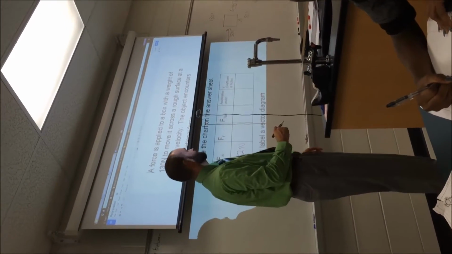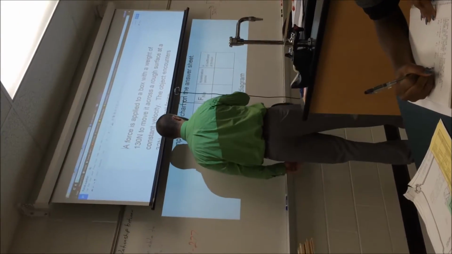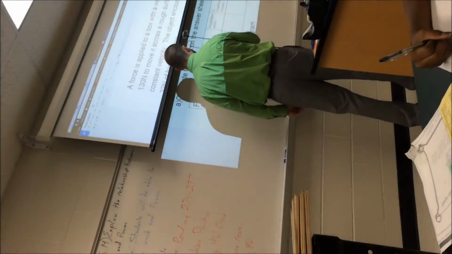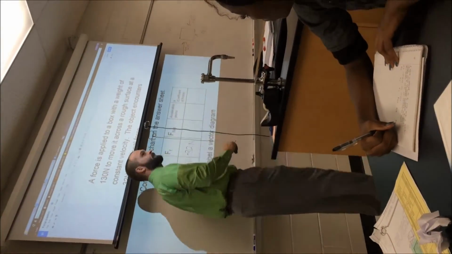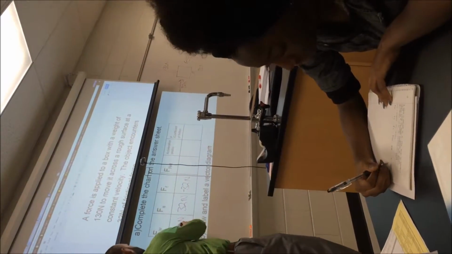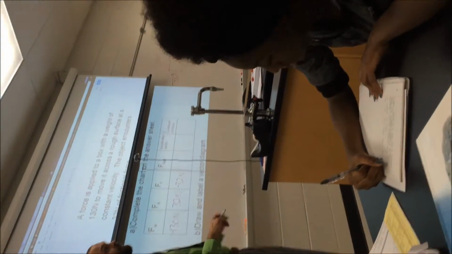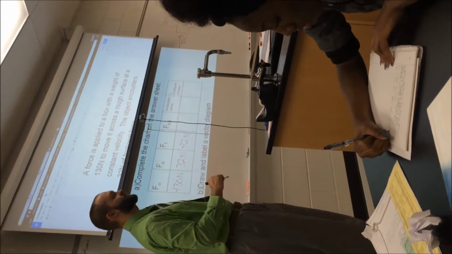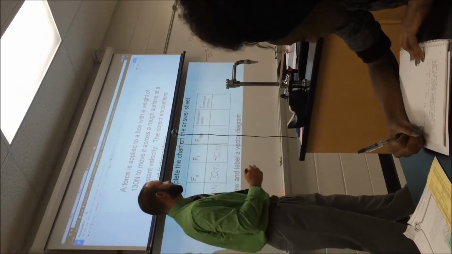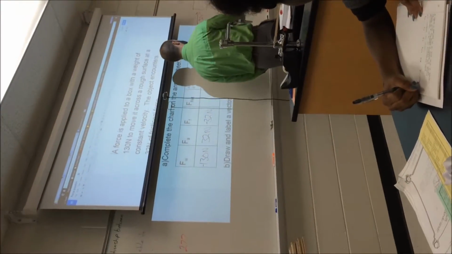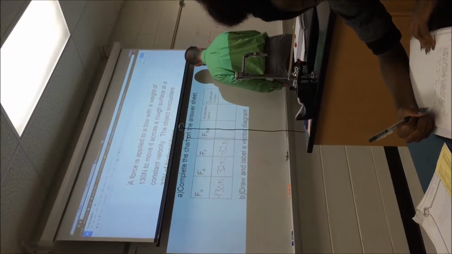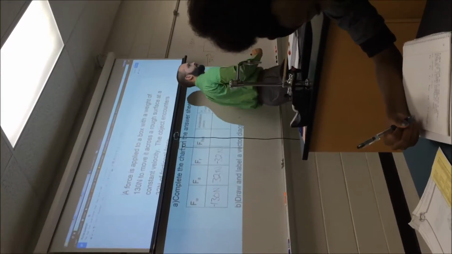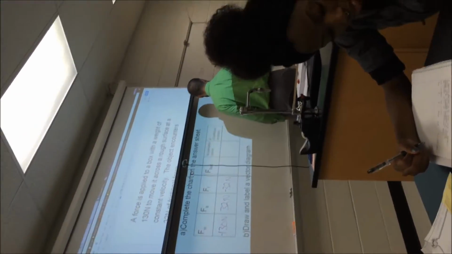What's the force of friction? Negative 32. I'll accept 32 or negative 32. I'll accept absolutes. Technically, the weight would have to be negative, I guess. All right, first math question. Net force. Who remembers the equation for net force? Look like this.